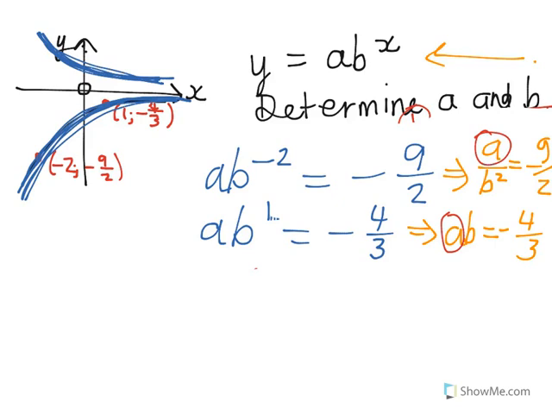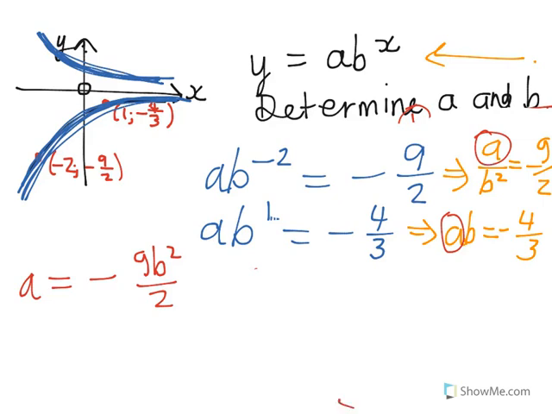So then you've got, for instance, on this side, a is equal to negative 9 times b squared over 2. So if you multiply both sides by b squared to get rid of this guy, then you're left with a on the one side of your equation.